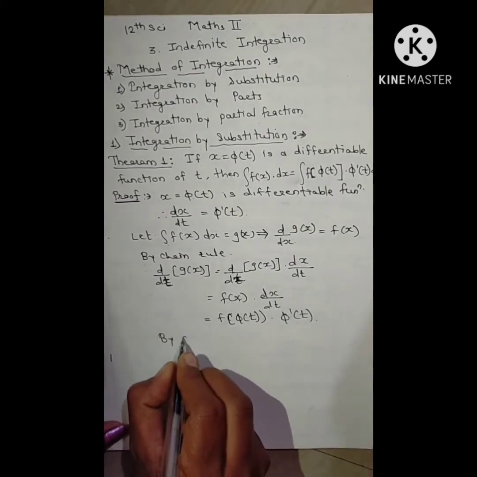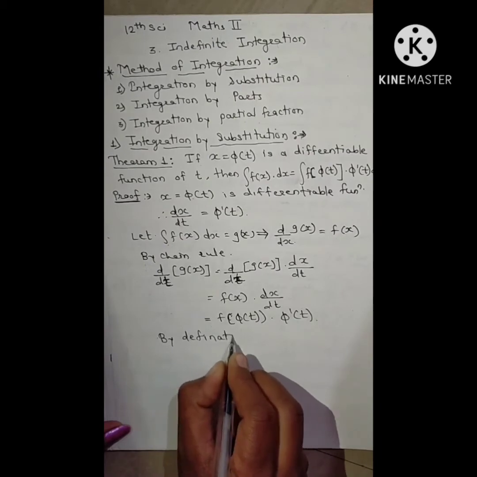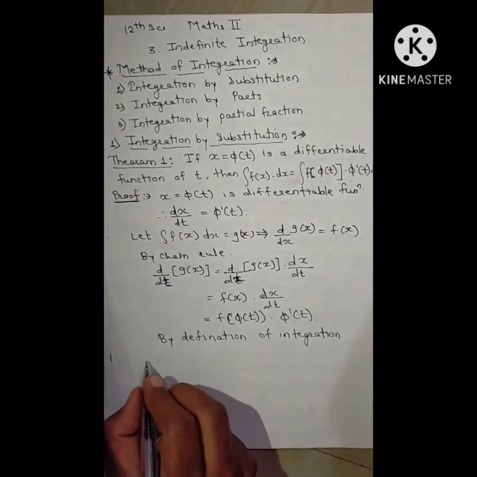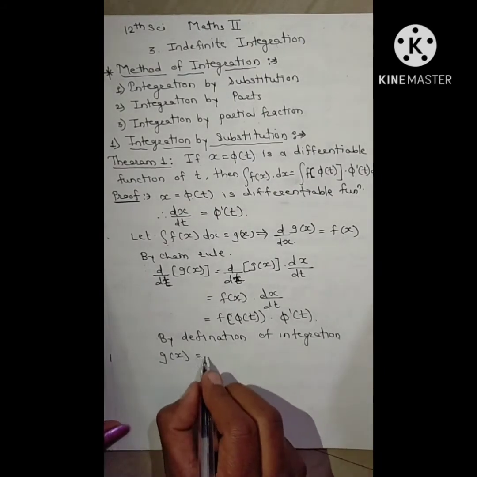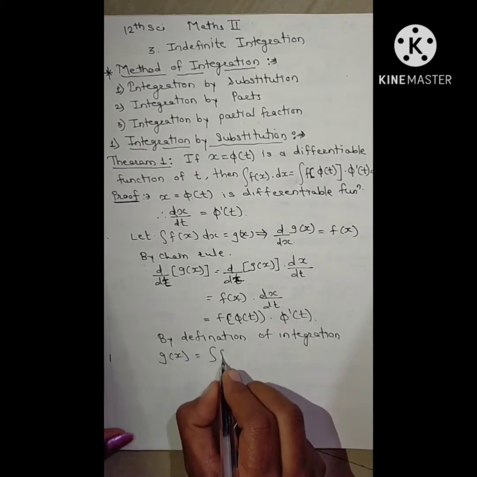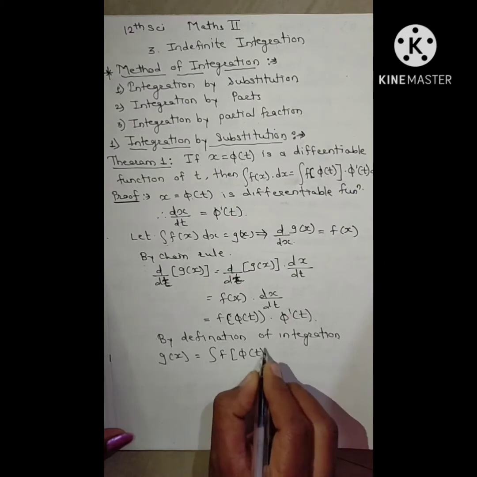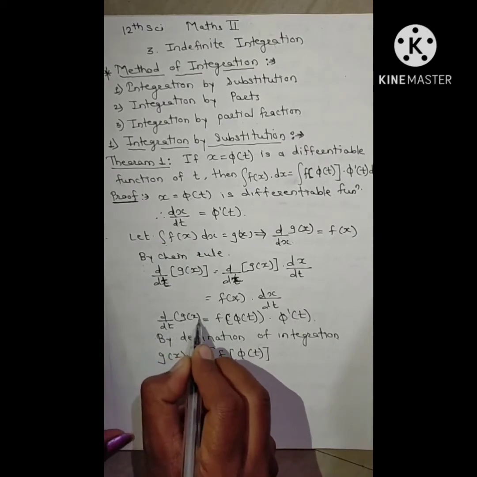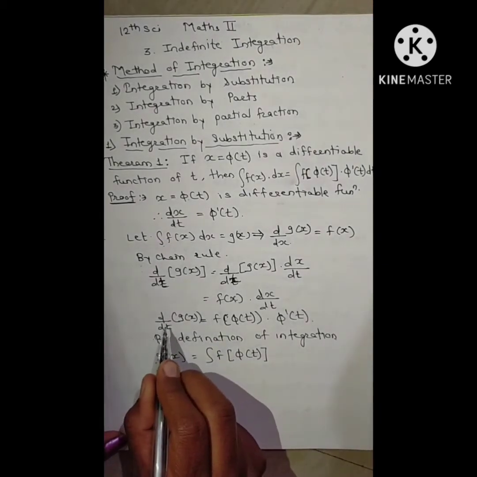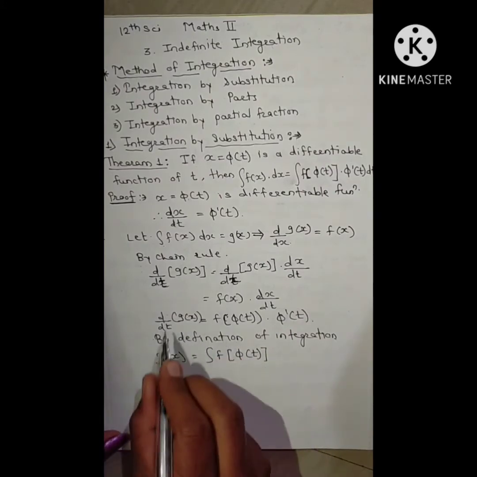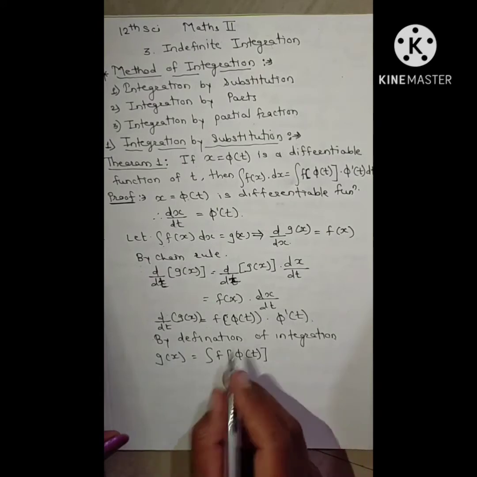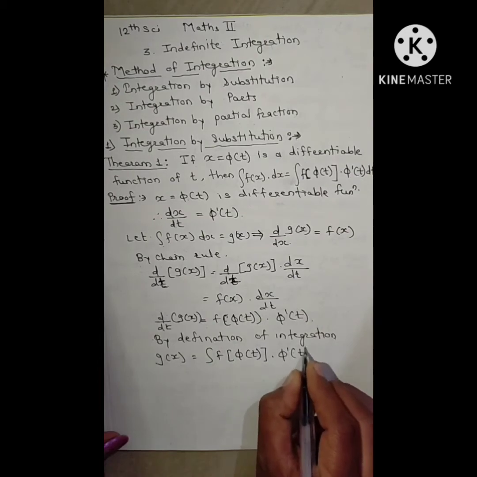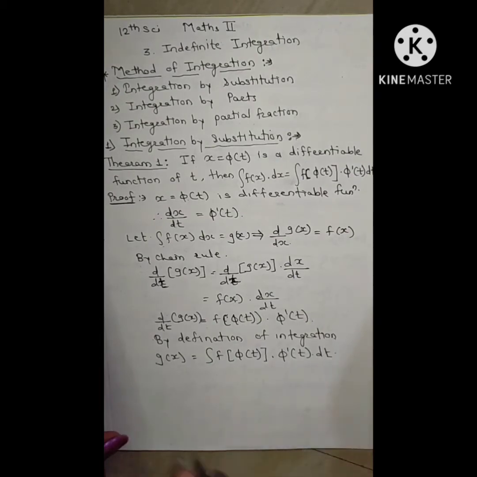Now by definition of integration, taking integration of this equation d by dt of g of x, the integration and derivative cancel, so g of x is equal to integration f of phi of t into phi dash t with respect to dt.